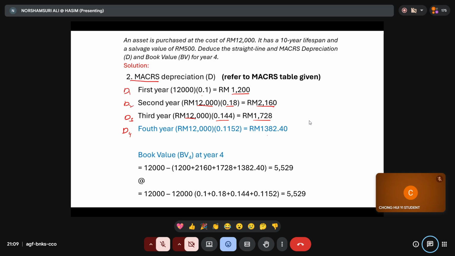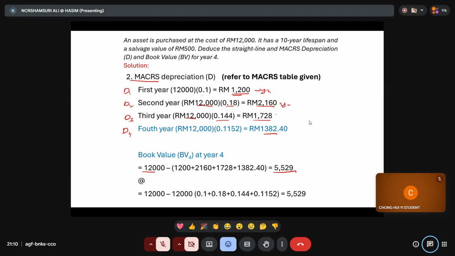This is 1,382 for me. So the book value, I mean the price after the depreciation, is 12,000 minus the whole depreciation of year 1, year 2, year 3, and year 4. So you get 5,539.